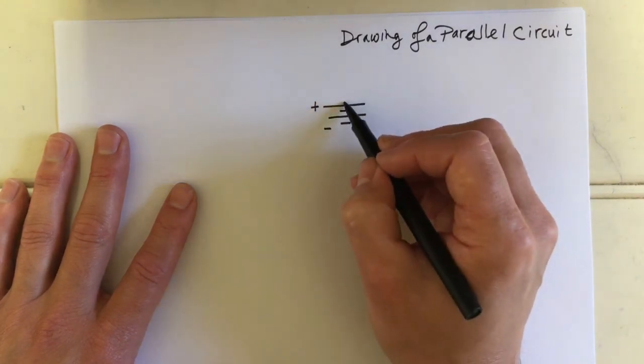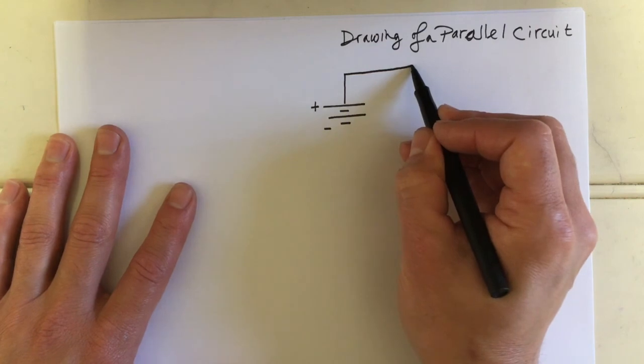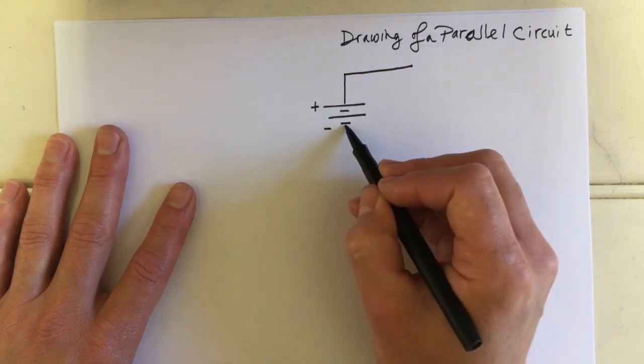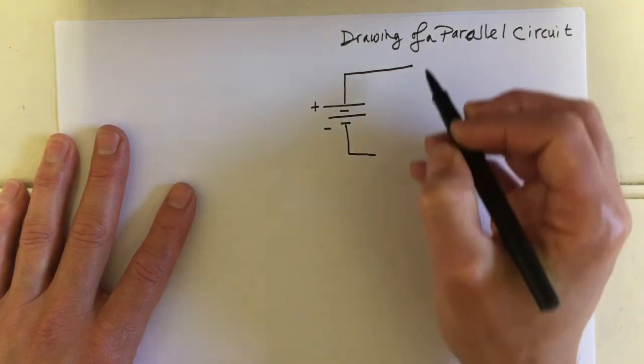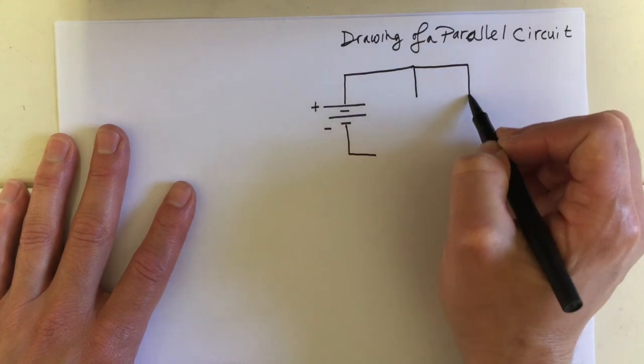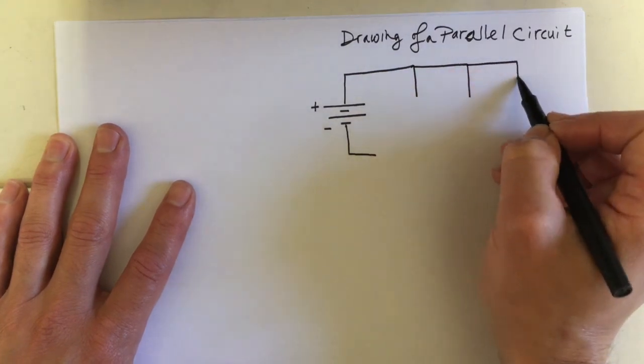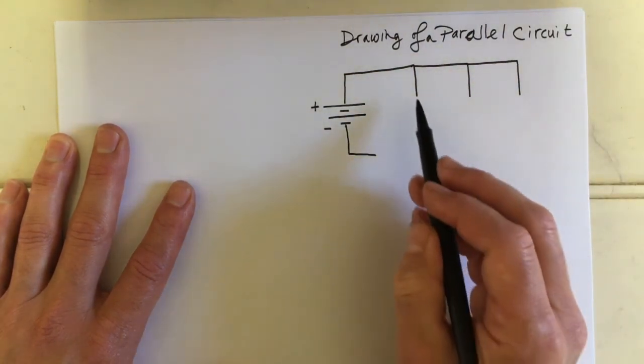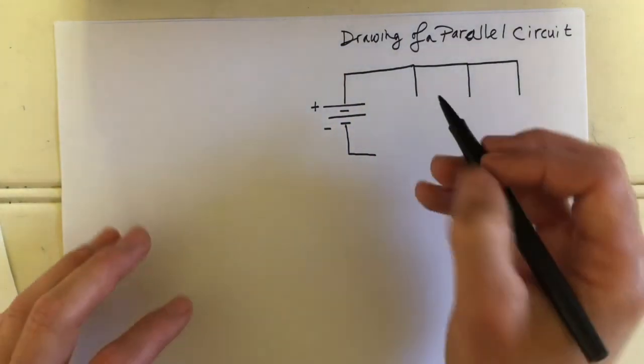All right. So with a parallel circuit, what makes us different is we have multiple paths for the current. The current can go this way, the current can go this way, and the current can go this way. And each path that it travels through has a bulb.